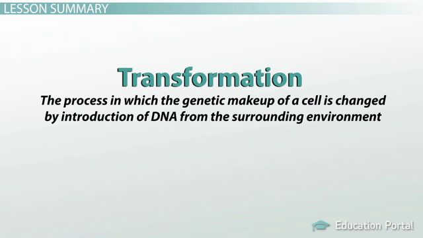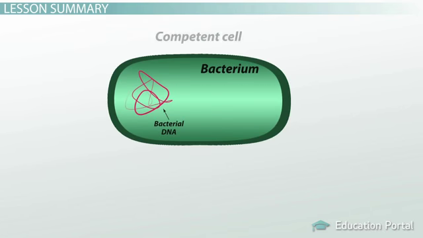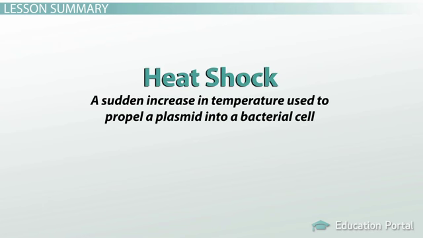In summary, transformation is the process in which the genetic makeup of a cell is changed by introduction of DNA from the surrounding environment. To make bacterial cells competent for transformation, the cells are incubated in chilled calcium chloride. Heat shock is a sudden increase in temperature used to propel a plasmid into a bacterial cell.